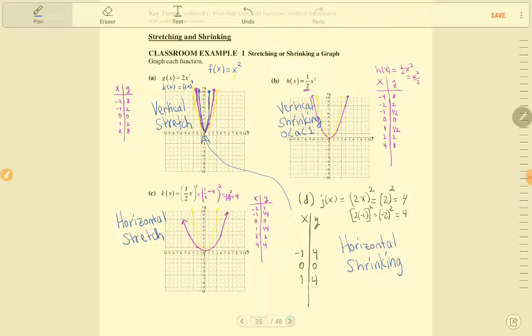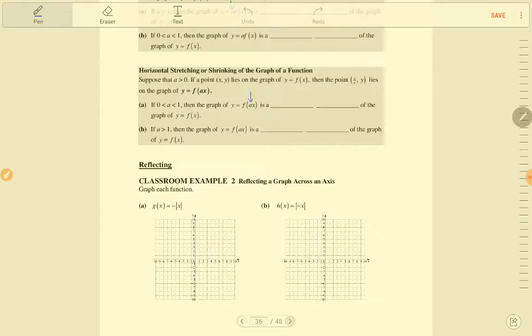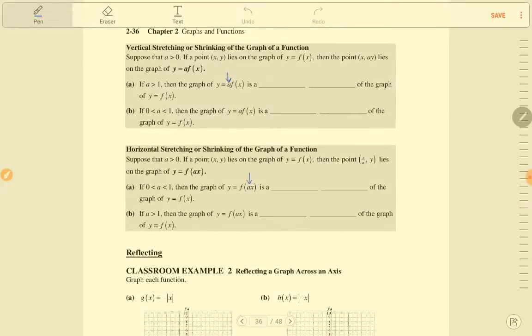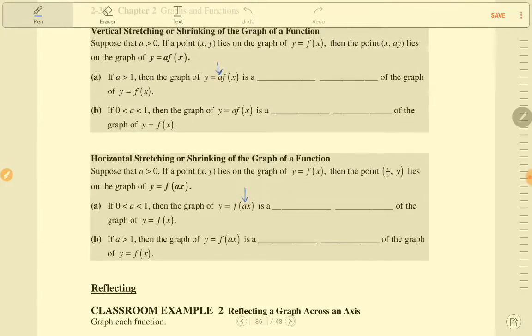Right, so that's what those two boxes are all about, and they break it down formally. So you can see it says if the coefficient is greater than 1 and it's on the outside of the function, then we will call that a vertical stretch. And if the coefficient is a fraction between 0 and 1, it's going to squash it vertically, a vertical shrinking.